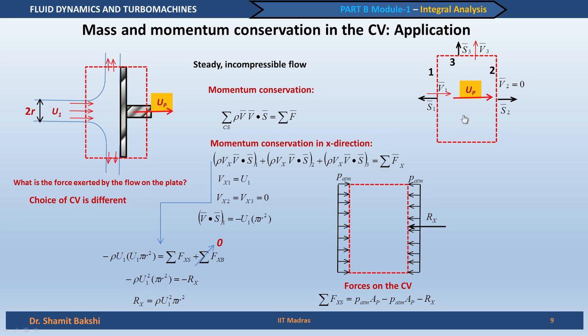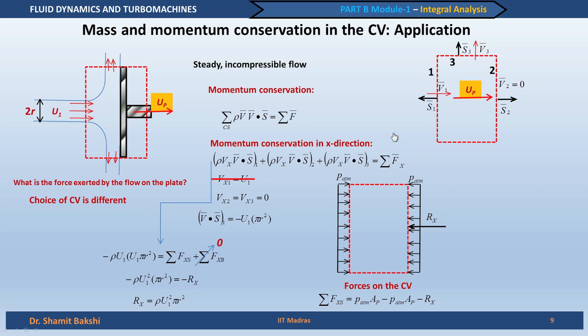So, the reference frame will be fixed to this moving control volume. The velocity seen by an observer sitting on the moving control volume will be different from the velocity seen by a stationary observer, with respect to whom the control volume is moving at a velocity u p. So, this part of the analysis will also change.